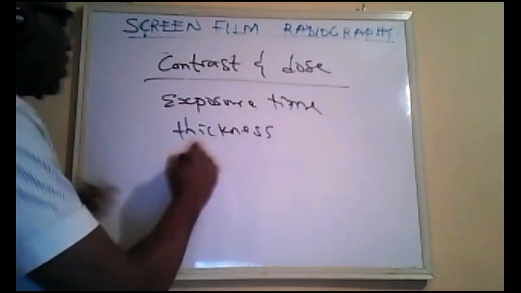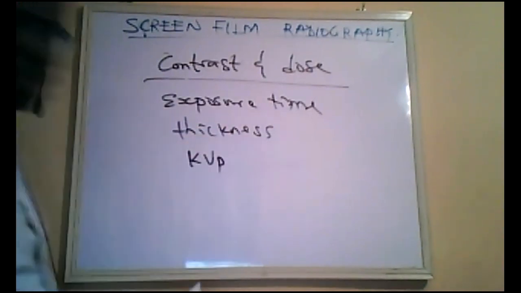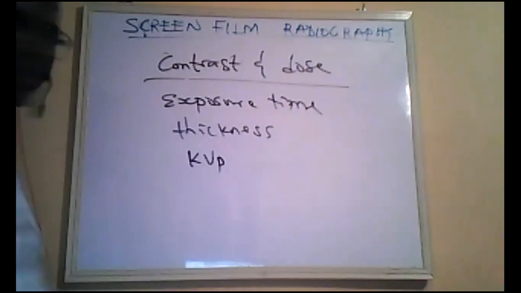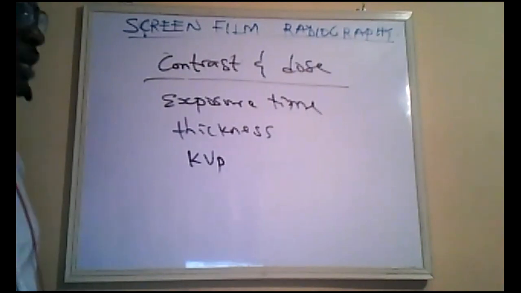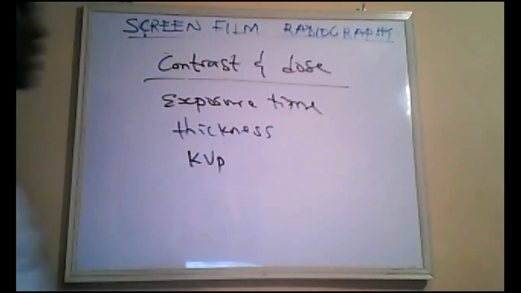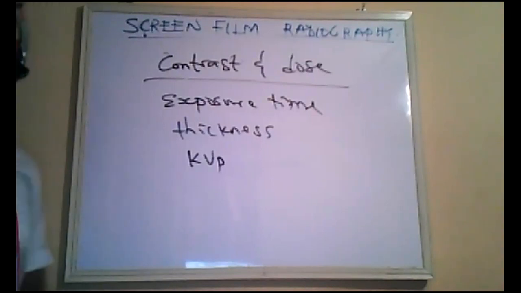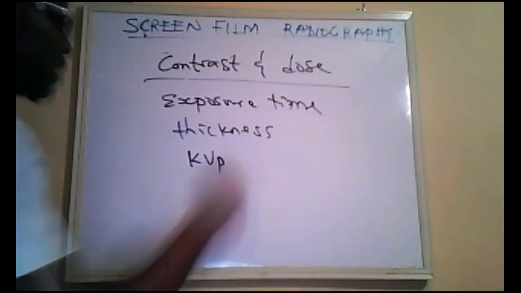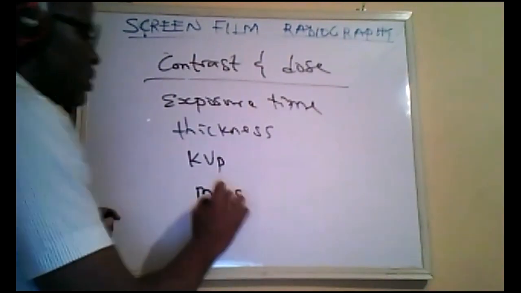The kVp is also a factor. This has to do with the energy of the photon: how deep can it penetrate? At lower kVp, we have better contrast, but at higher kVp, we do not have a wonderful contrast. So there are so many things. mAs is also a factor.